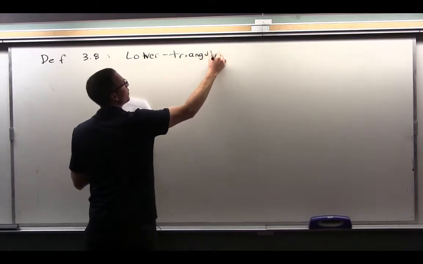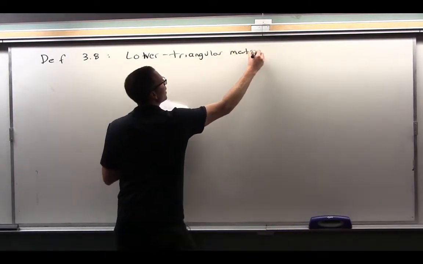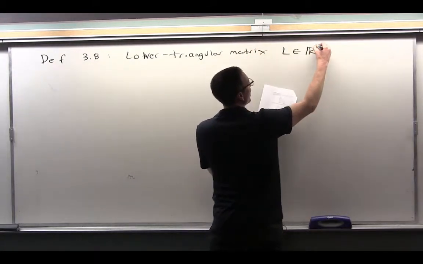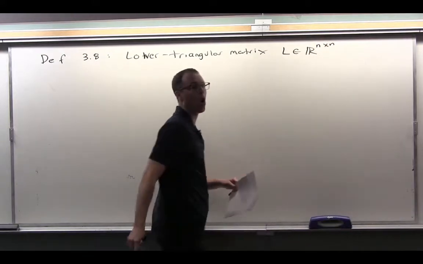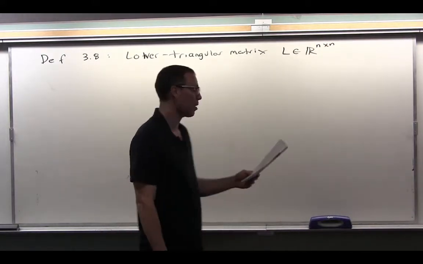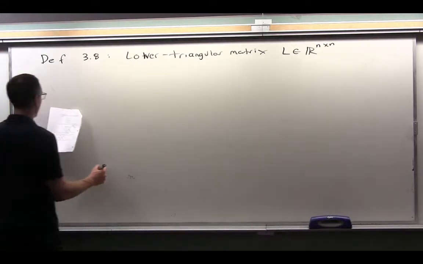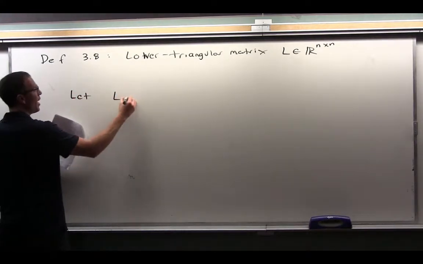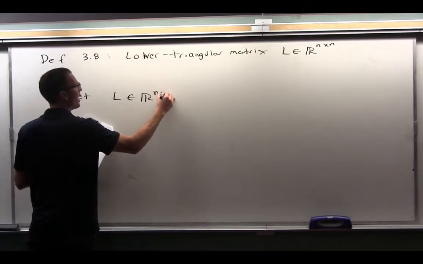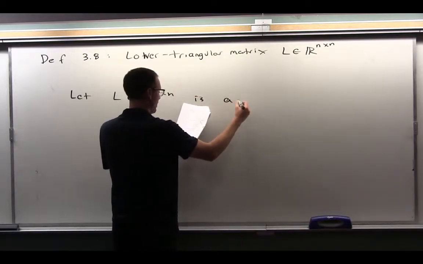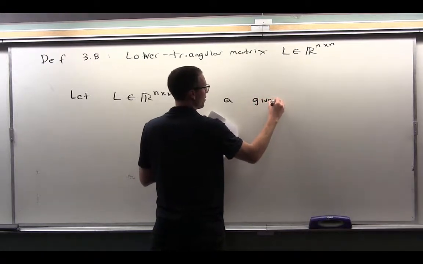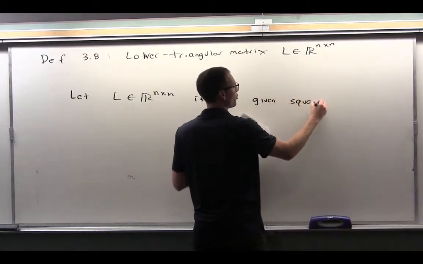triangular matrix. And in this case, why don't we call that matrix L to hearken to the idea that it's lower triangular. In general, all of these will be n by n, and we'll talk more about that in lesson 11. So let's let L be an element of R^(n by n), a given square matrix.